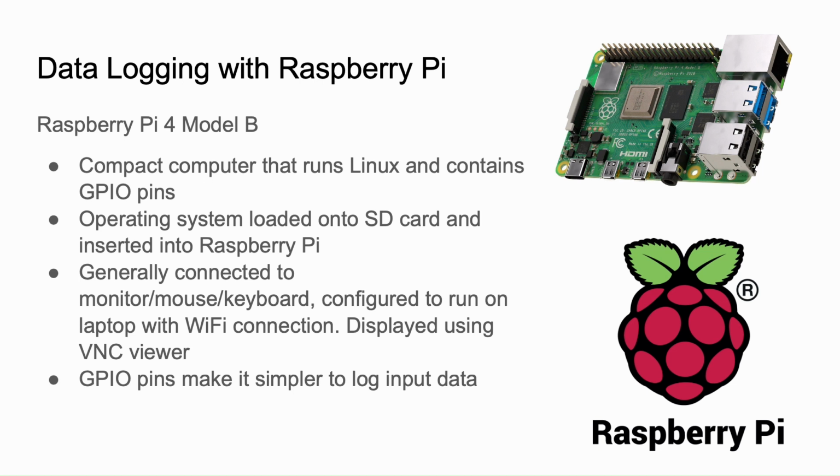So the device is usually connected up to its own monitor, mouse, and keyboard setup, but we were able to configure it to run on our laptop using a VNC viewer and a Wi-Fi connection. And what makes this device so special is that it's essentially its own computer with built-in GPIO pins, which makes it easier to log data and you don't have to go back and forth between devices.